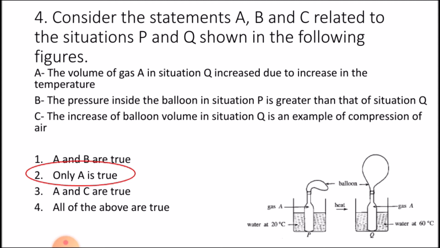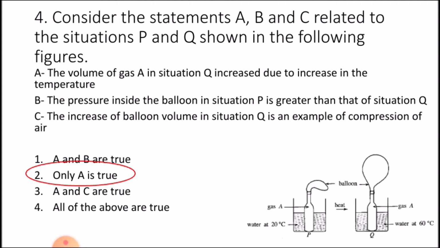Therefore, the higher the temperature, the higher the pressure. There's a significant temperature difference between instances P and Q, and P has the lowest temperature. Therefore Q has a higher pressure compared to P.